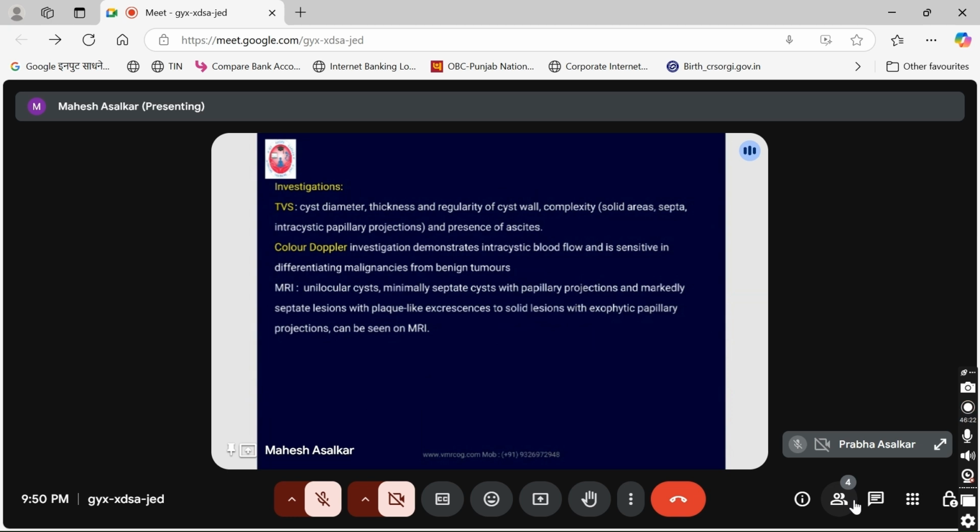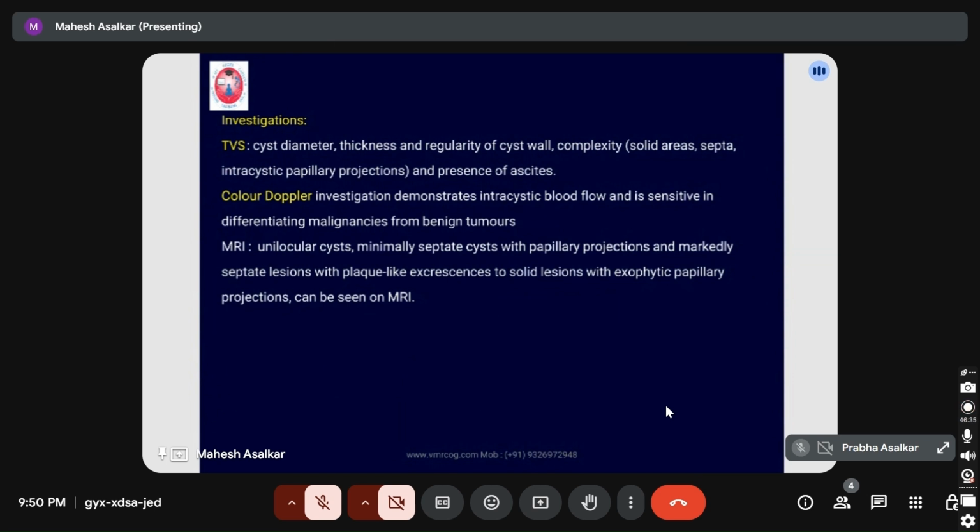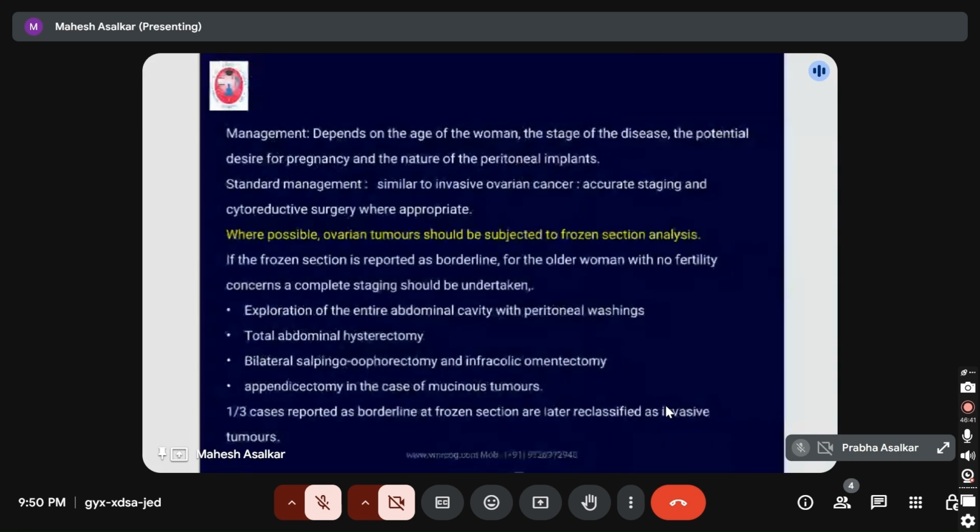MRI will tell about the unilocular cyst, minimally septate cyst with papillary projections, and markedly septate lesions with plaque-like excrescences to solid lesions with exophytic papillary projections. So MRI will also tell us whether there is a solid component, or whether it is unilocular or multilocular. These things we can come to know on MRI.